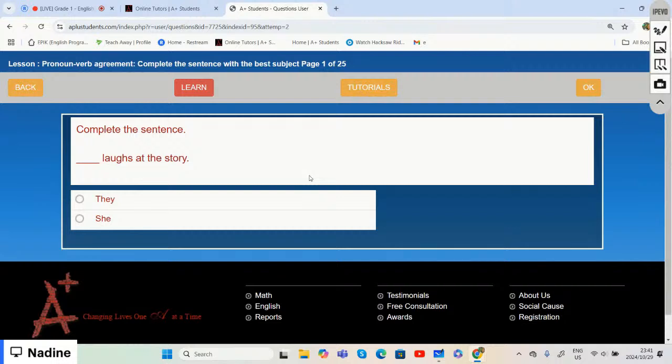Laughs at the story. Laughs basically ends with an s. That is the verb. So do we say they, option one, laughs at the story, or do we say she, option two, laughs at the story? They or she?